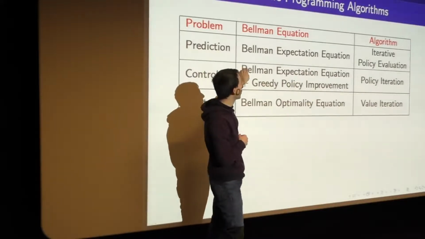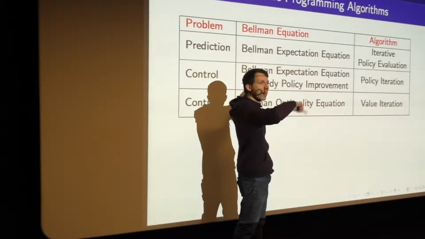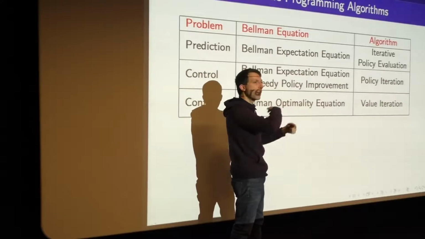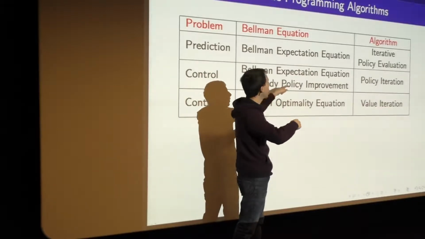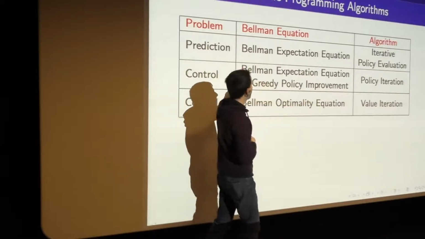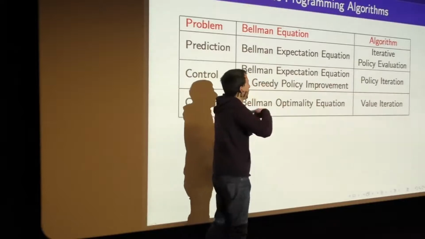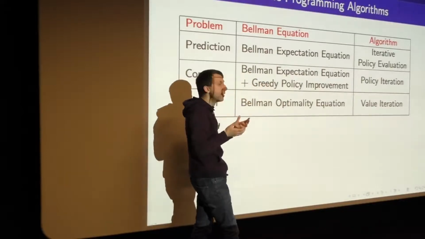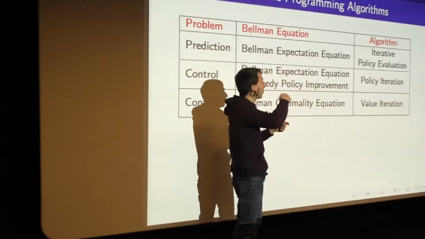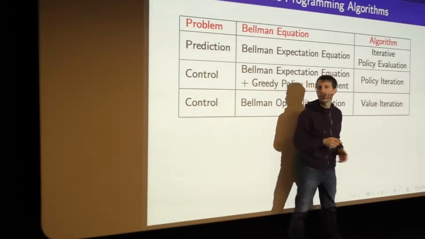The first approach was again to iterate over the Bellman expectation equation to evaluate your policy, but then to alternate that evaluation with policy improvement. That was the idea of policy iteration: we first use the Bellman expectation equation to solve for V pi, and then we act greedily with respect to V pi to give us a new pi. We alternated that process, and that gave us the policy iteration algorithm.